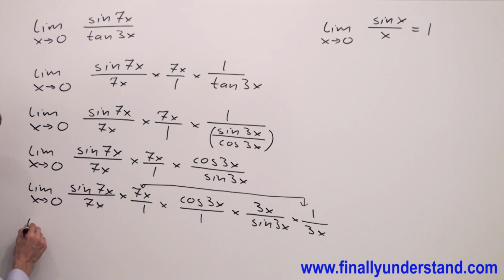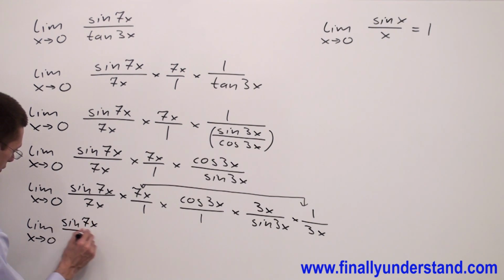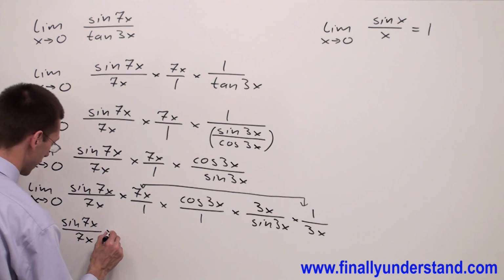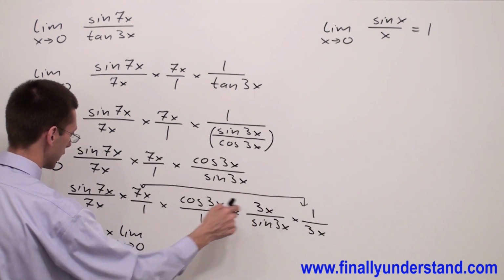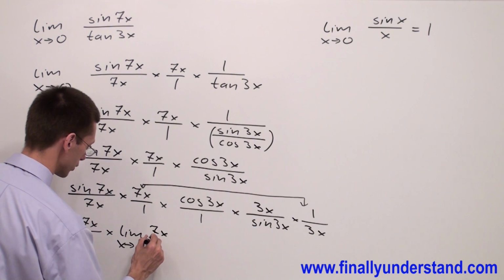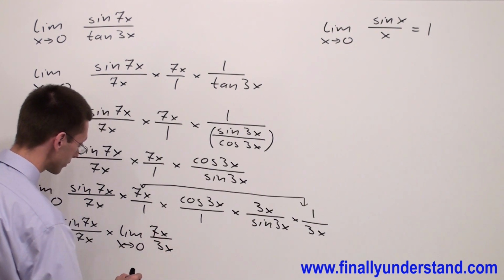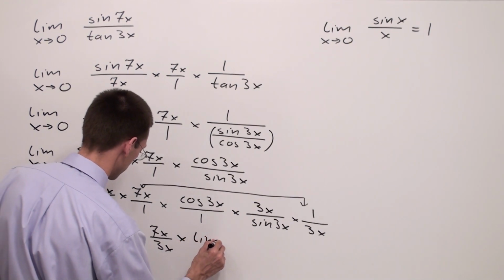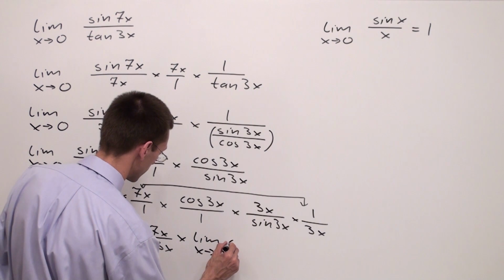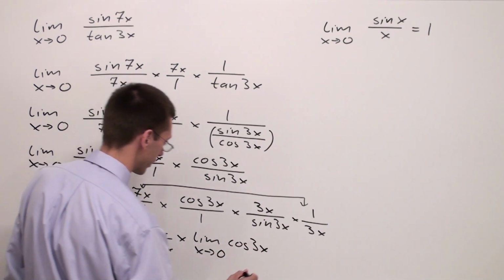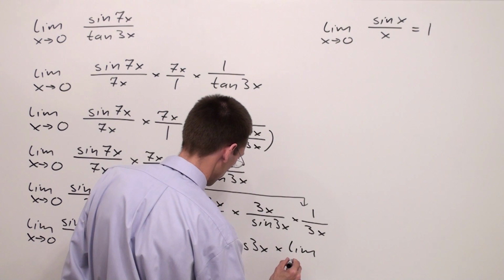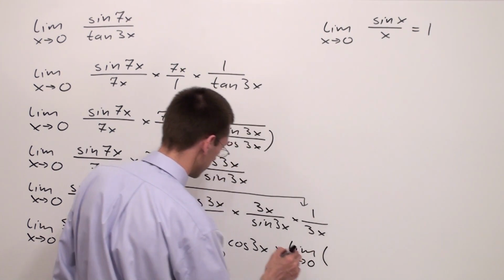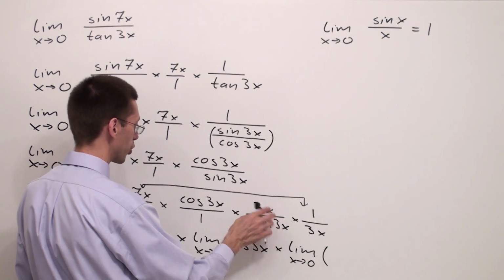I'm going to have the limit with x approaching 0 of sine of 7x over 7x times the limit with x approaching 0 of 7x times 1 is 7x, 1 times 3x is 3x, times the limit as x approaches 0 of cosine 3x times the limit of x approaching 0, and I'm going to apply the properties of exponents.